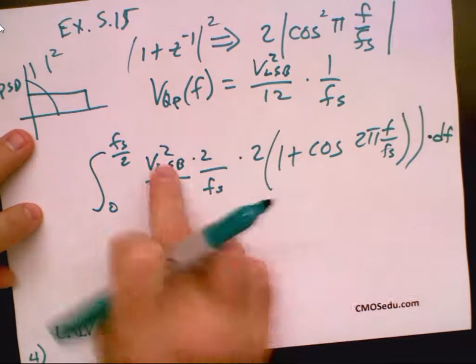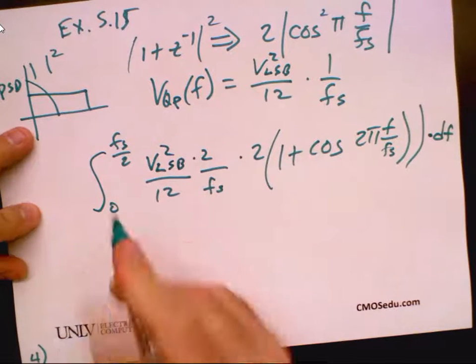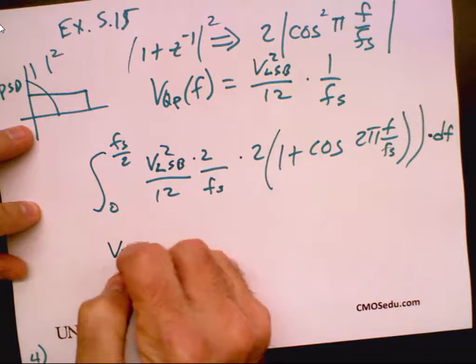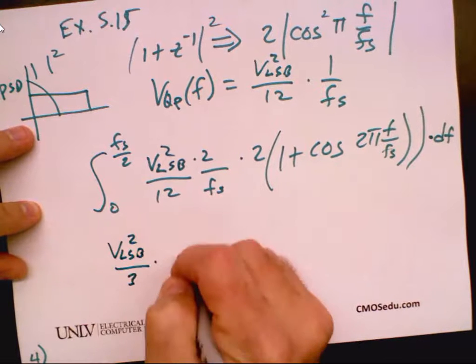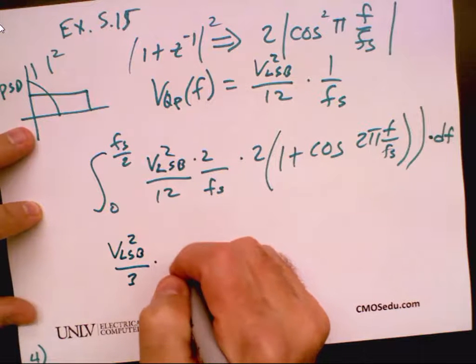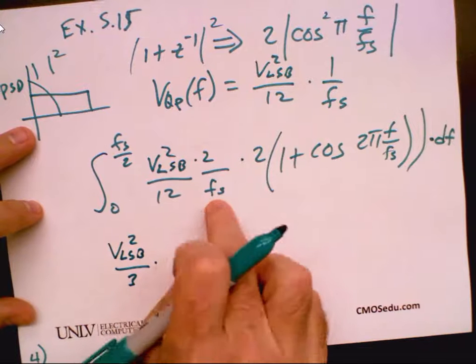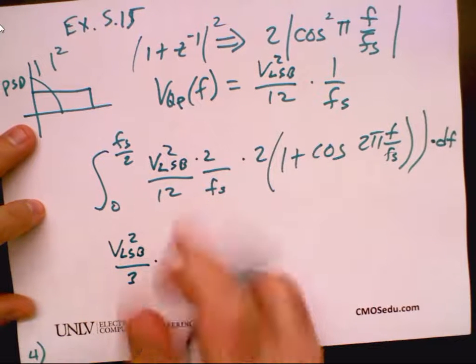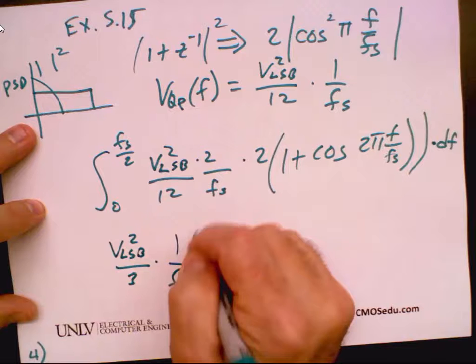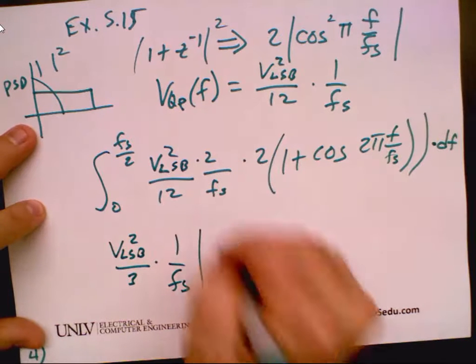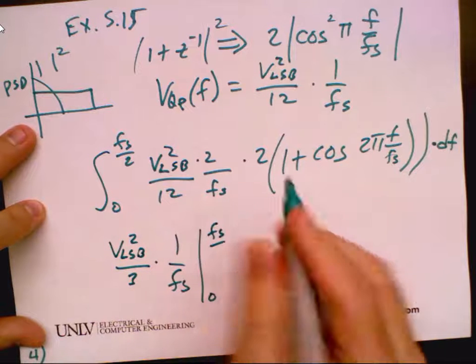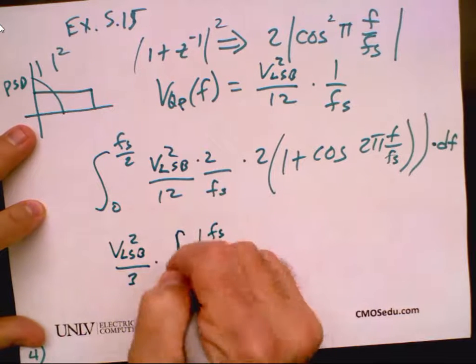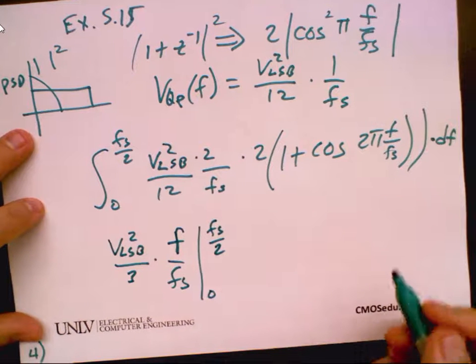And so if I integrate these terms, let's feel the pain and do this nice and slow. So this becomes VLSB squared over 3 times Fs. Is Fs an integration variable? No, 1 over Fs evaluated at 0 and Fs over 2. Whoops, I left off the df here, the integration variable.